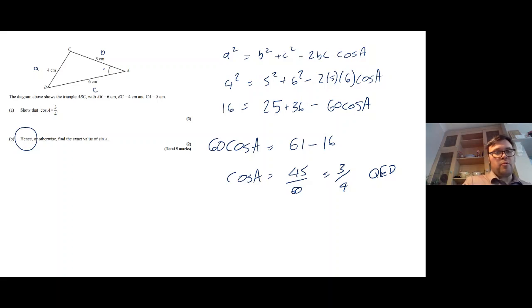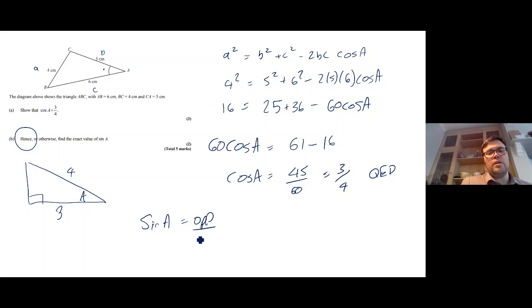If you remember from GCSE with a right angle triangle, if we say this is A instead of theta, for cos it would be the adjacent, which is this one here, which is 3, over the hypotenuse. To work out sine, so this would be sine A, it is the opposite over the hypotenuse. This being a right angle triangle, using Pythagoras, we can work out the missing value of x.